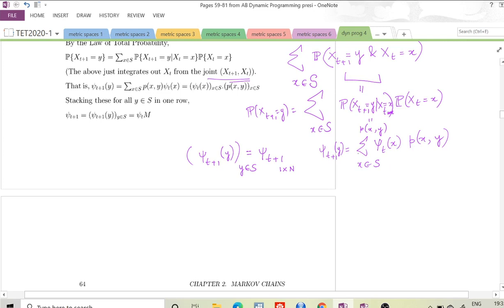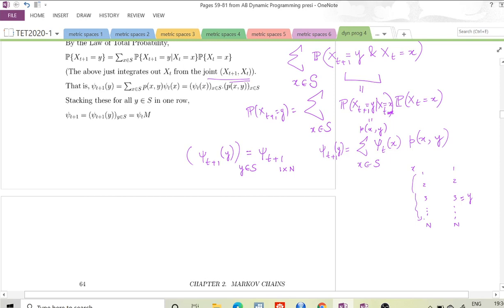So notice that in some sense it's a path probability. My state x could have been any of these states, right? And I want to find the probability that xt plus 1 is equal to y. Let's say it's equal to the third state. So what is this probability, right?